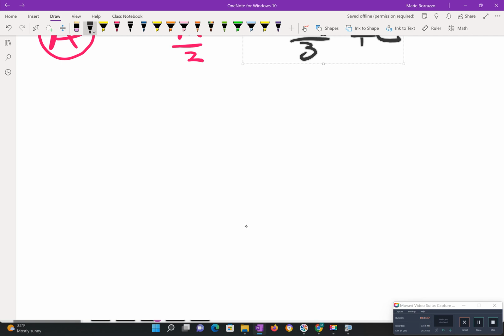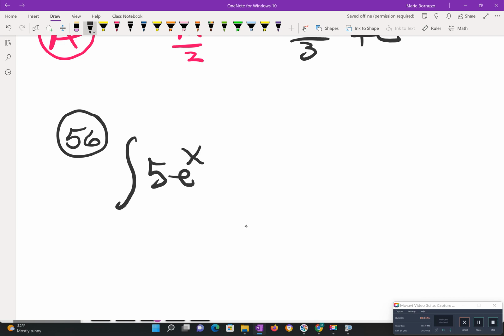Let's look at number 56. Number 56, they're giving you find the integral again, but this time they're giving you 5e to the x minus 1 over x dx.